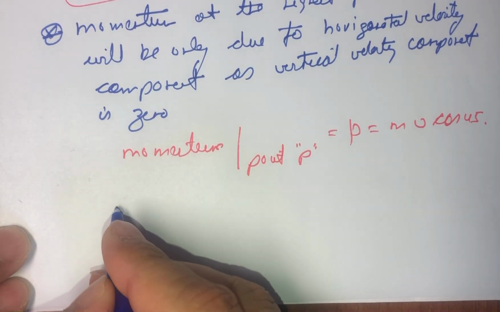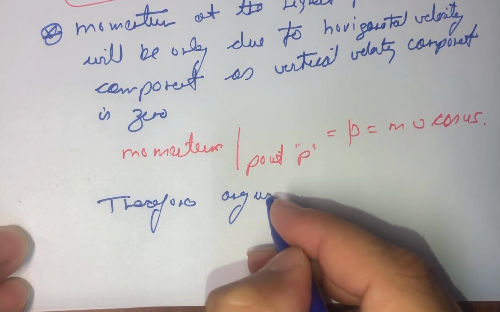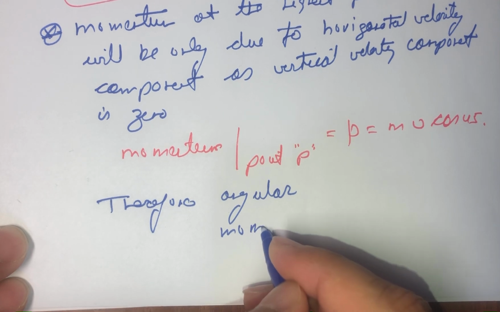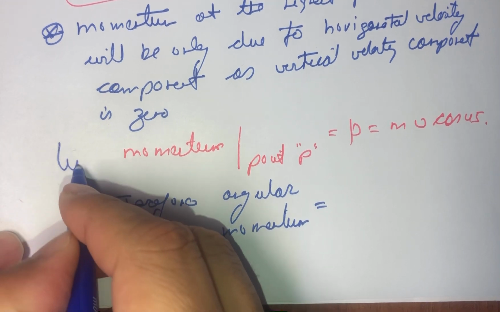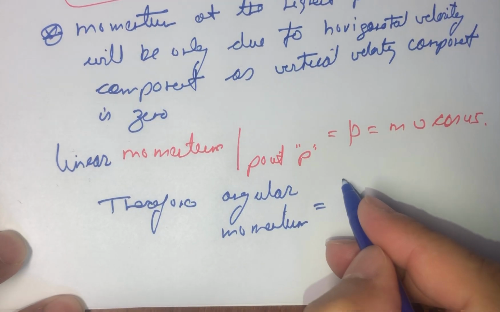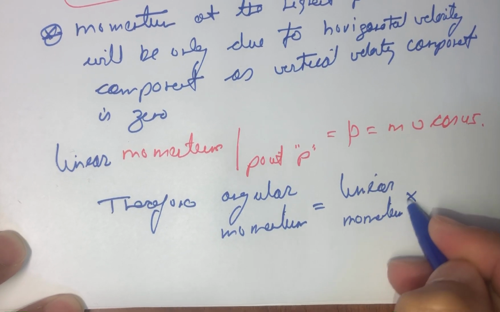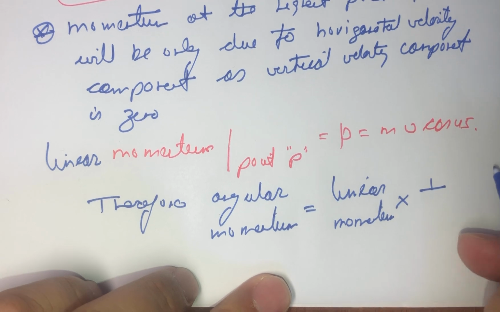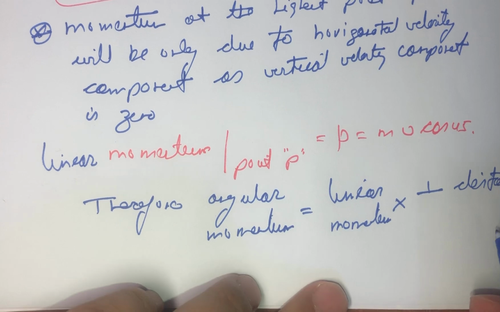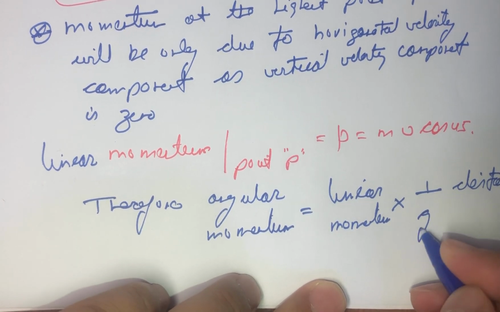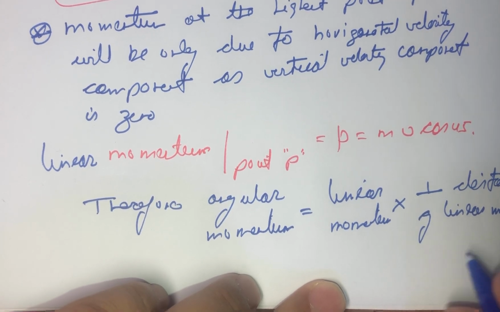So, therefore, angular momentum will be equal to linear momentum, let me write it linear, will be linear momentum into the perpendicular distance of linear momentum from the axis.